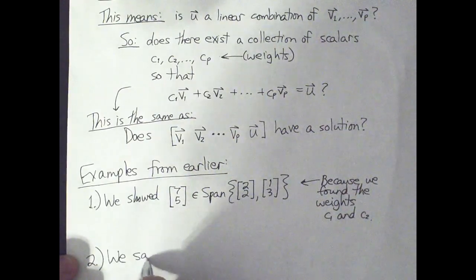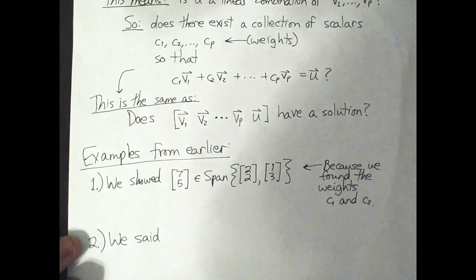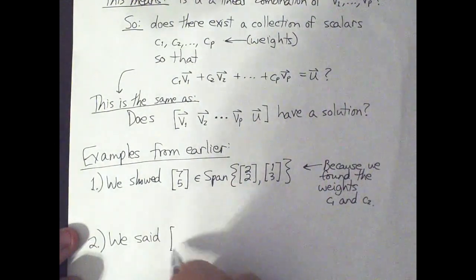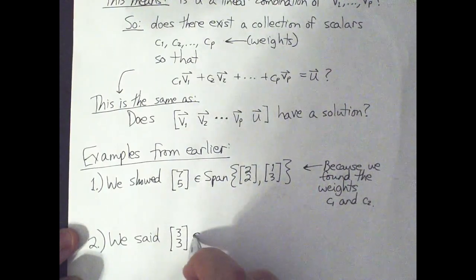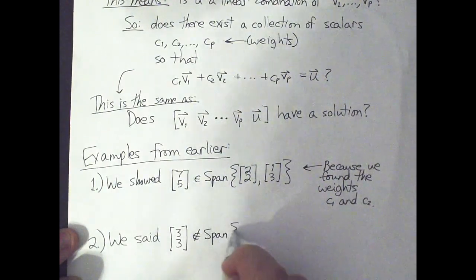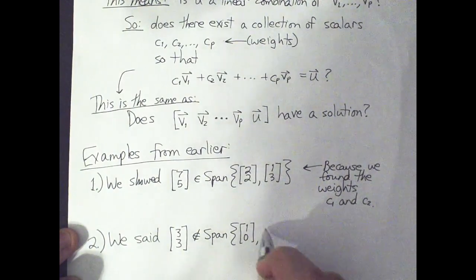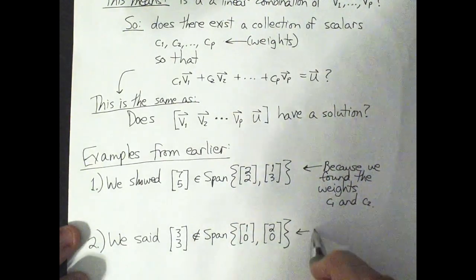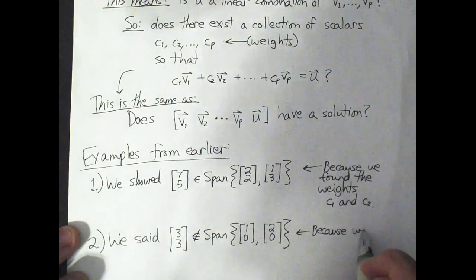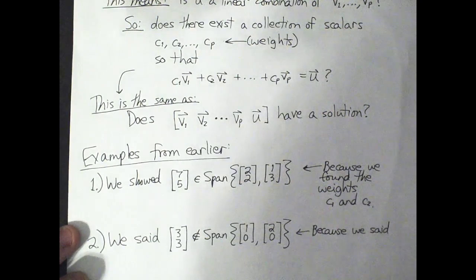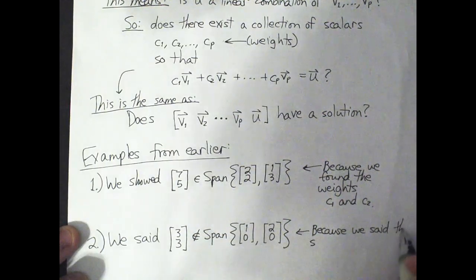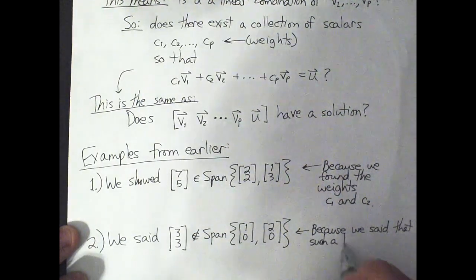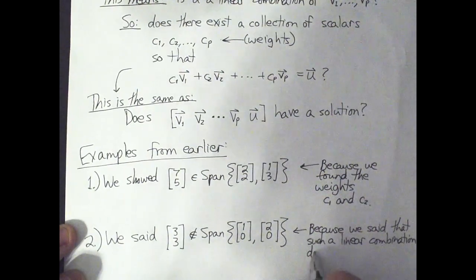Another example: we didn't really spend a lot of time on this, but we said that (3, 3) is not in the span of (1, 0) and (2, 0), because such a linear combination does not exist.